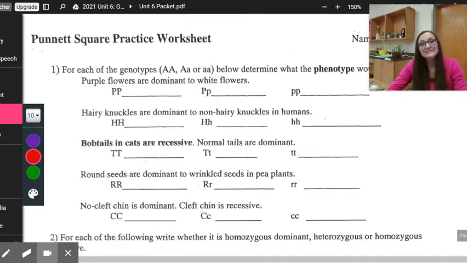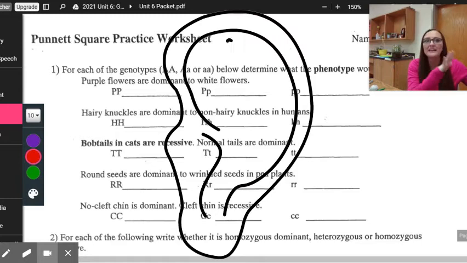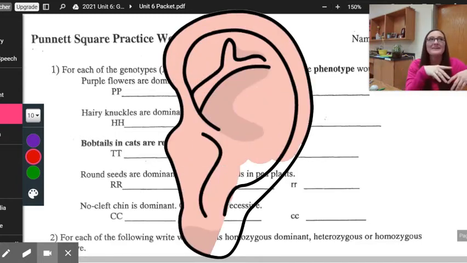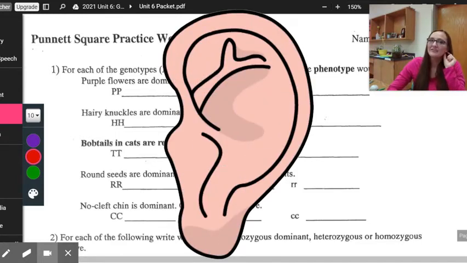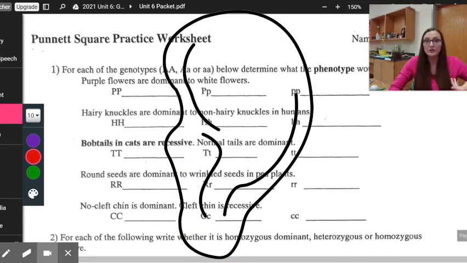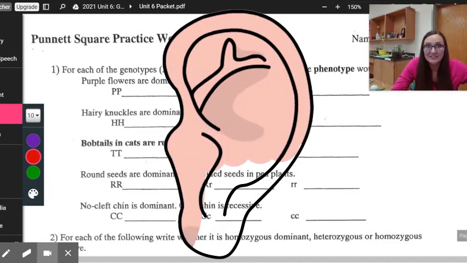Okay, let's do some examples. In life, earlobes. I'll put some pictures. Earlobes are a really easy one to track. If you have a free-hanging earlobe, then that means you actually have almost like a U-shaped earlobe. That's a dominant trait.